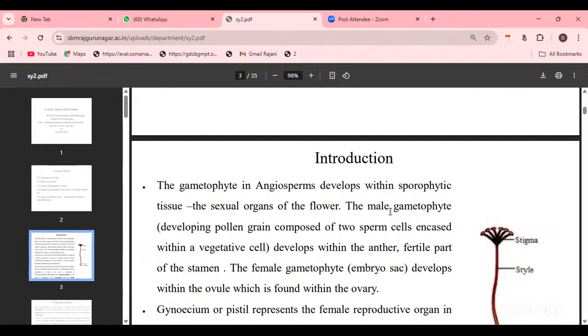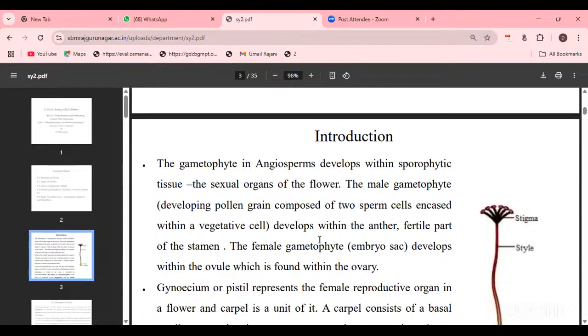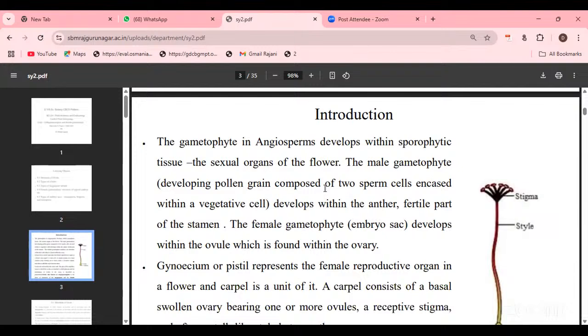The sexual organs of the flower: the male gametophyte, the developing pollen grain composed of two sperm cells encased within a vegetative cell, develops within the anther, the fertile part of the stamens.